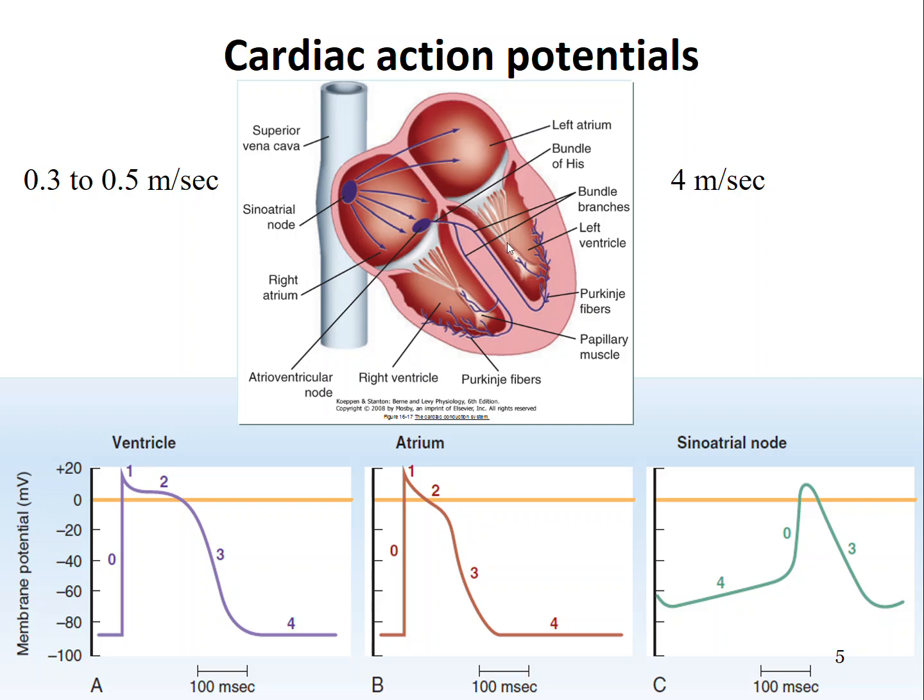So there are different velocities in signal conduction through the cardiac tissue. Remember, the highest is in the Purkinje fibers, and the slowest is in the AV bundle.